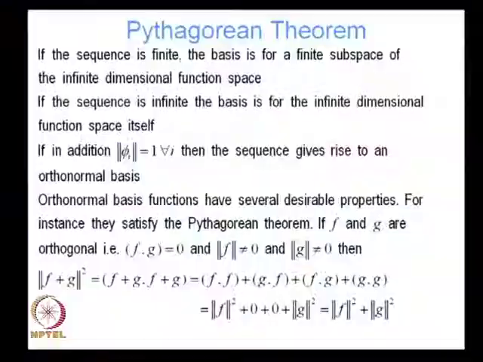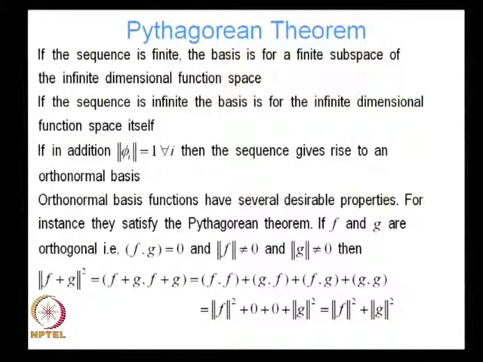So what does it say? It says that if f and g are orthogonal, that is the inner product of f and g is 0, and the norm of f is not equal to 0 and the norm of g is not equal to 0, then norm of f plus g squared, I can write in terms of an inner product of f plus g with itself, which, again using linearity, I can write as f comma f plus g comma f plus f comma g plus g comma g.